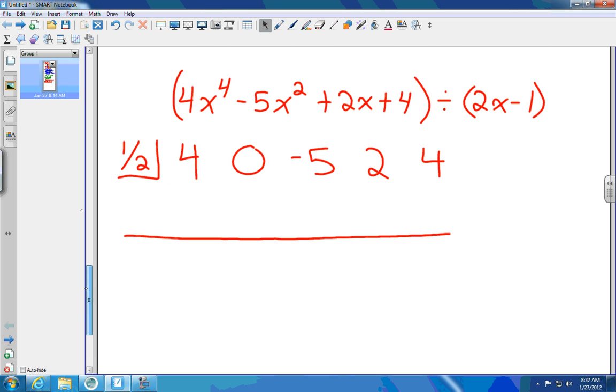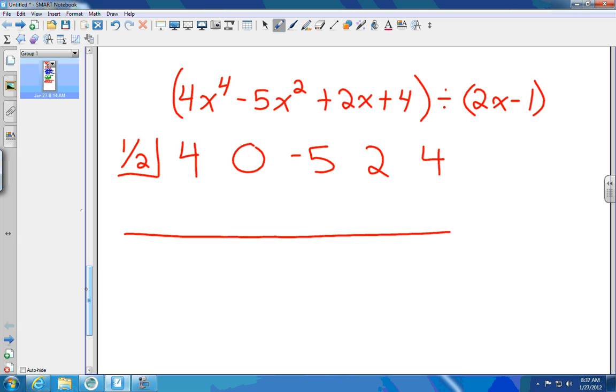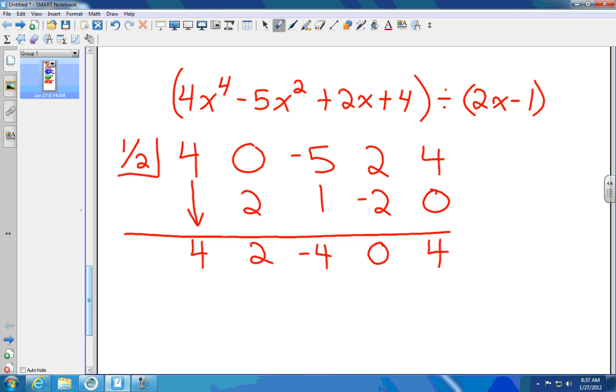So back to our problem. Bring down the 4, multiply over half of 4, add down 2, half of 2, 1, add down half of -4, -2, add down half of 0, 0, and add down again, +4.